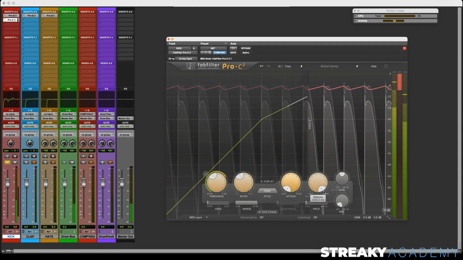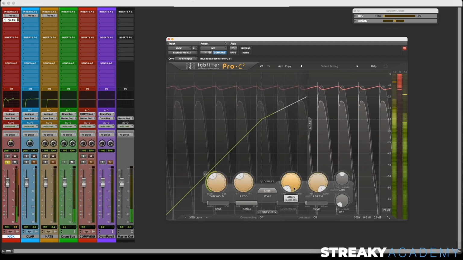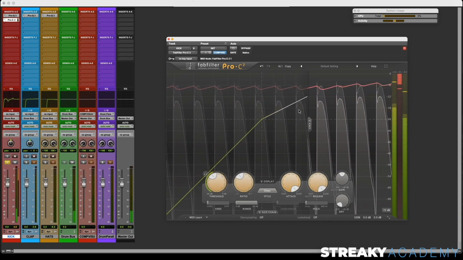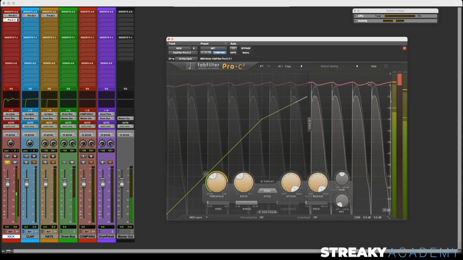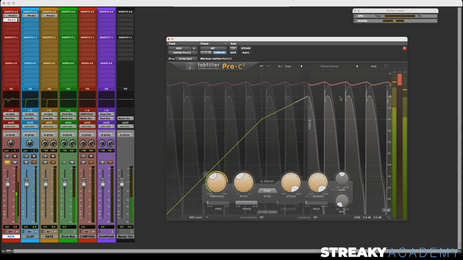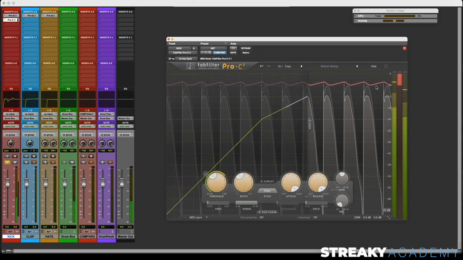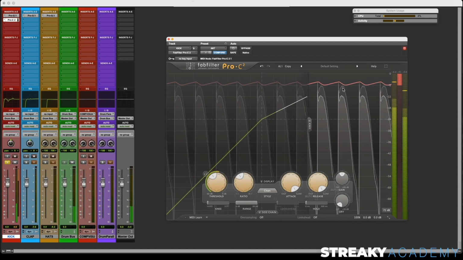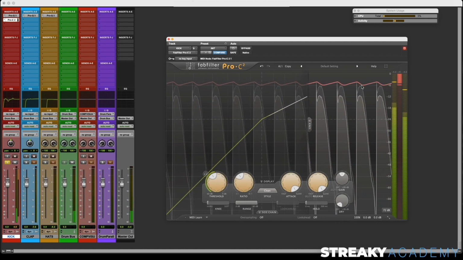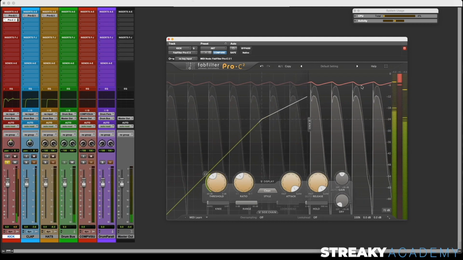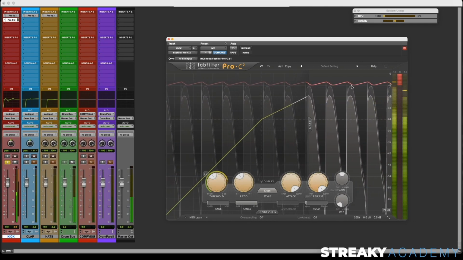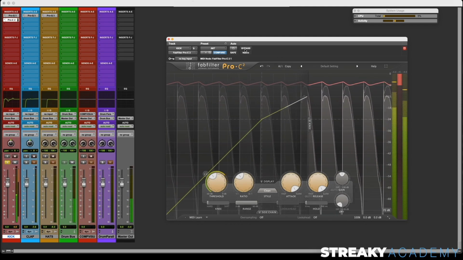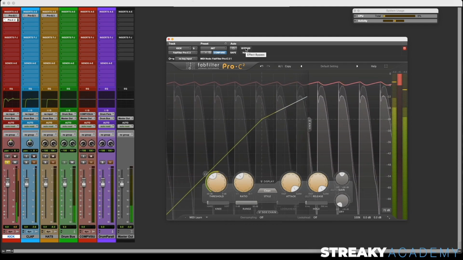If I was to make this a slow attack and slow release, as you can see, it's a much smoother characteristic. It takes a long time to reach its desired amount. It never fully reaches there because the next transients come in before it's had time to pull down fully, but then it keeps on holding it down with a longer release. This can give us a nice, warm, thick sound.